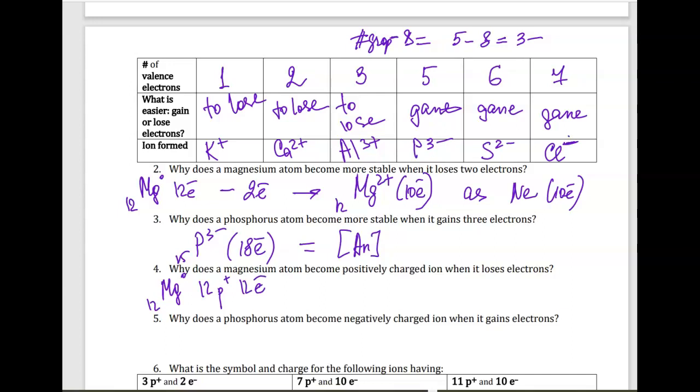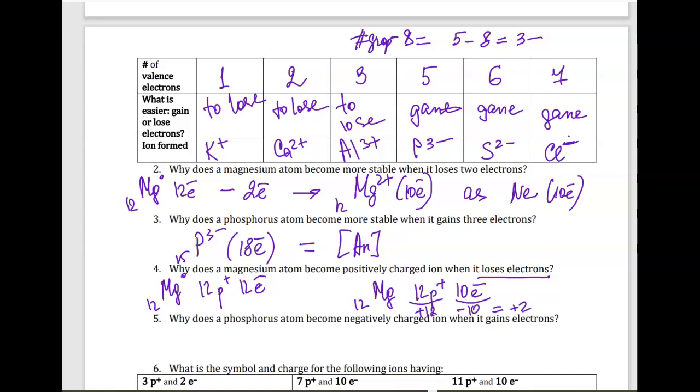But when it loses electrons, it loses 2 actually, the same amount of protons, and when it loses electrons, it only has 10 electrons, and 12 protons has plus 12 charge, and 10 electrons has minus 10 charge, and the sum is 2 positive.